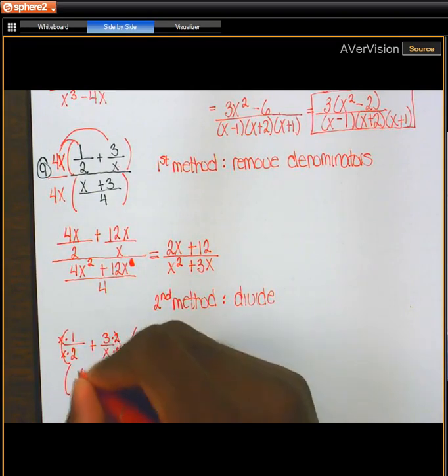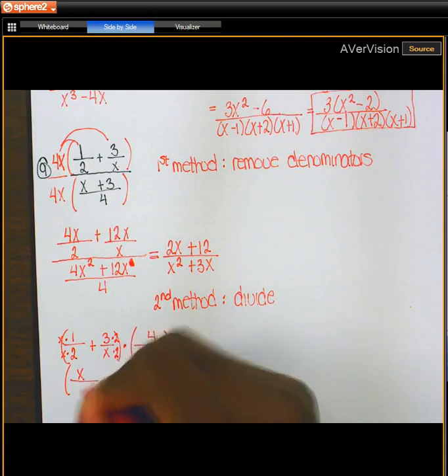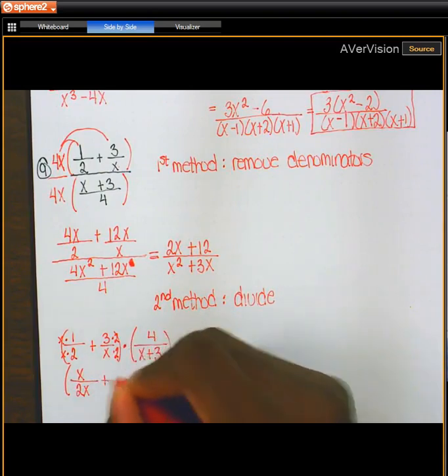So we get x divided by 2x plus 6 divided by 2x.